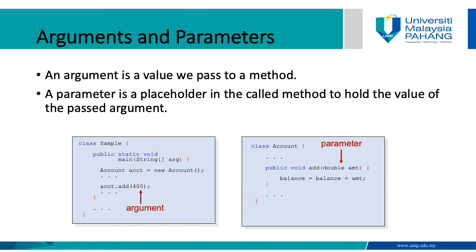And look at the second box on the right, where we define the parameter: public void add double amt. Amt here is the amount. So the parameter here is the double amount. This parameter normally will hold the value. So let's move on.